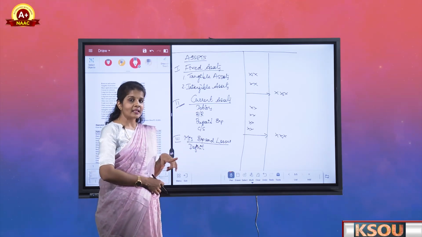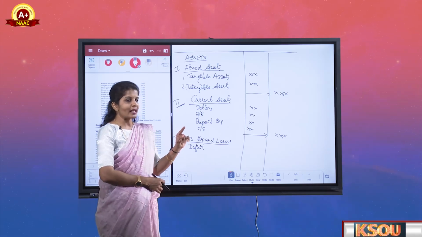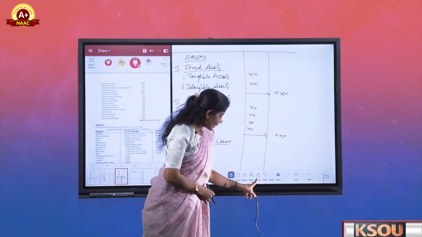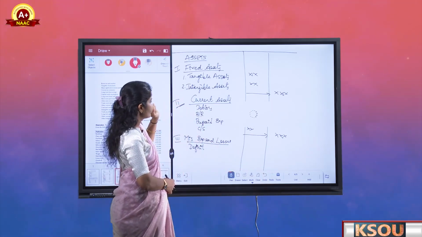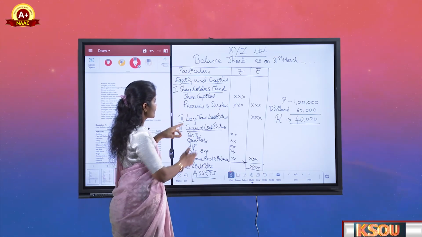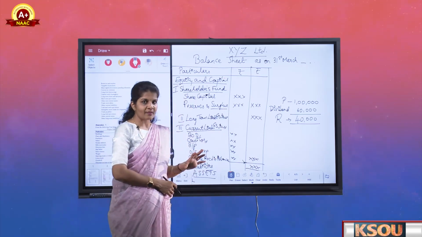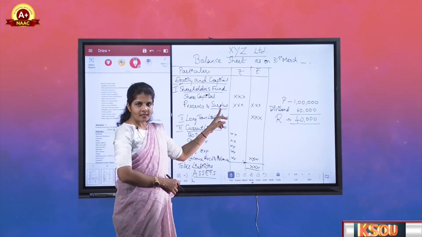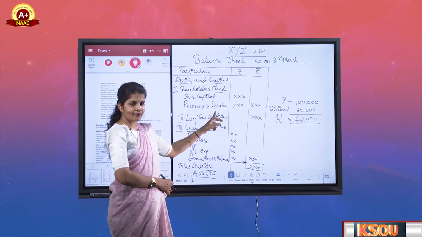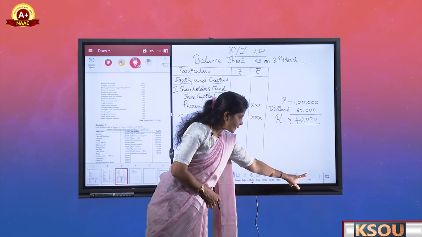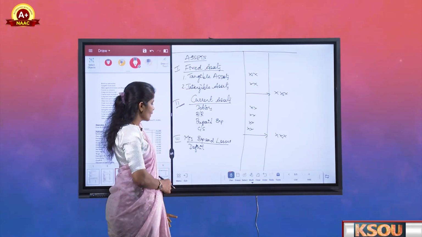If there is any profit, that is called surplus, and that surplus belongs to shareholders, so we have taken that under shareholders fund. Any profit earned during the previous year is called surplus and is taken under shareholders fund, whereas deficit is taken as miscellaneous expenses and losses.